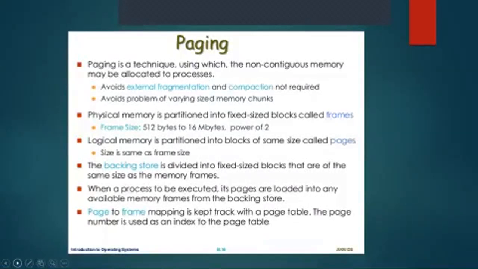So what is paging? It is a technique by which non-contiguous memory may be allocated to a process. In the earlier example which we considered, there is 150 MB memory space, so 100 MB is allocated somewhere and the rest 50 MB is allocated somewhere else. That is the concept of paging.